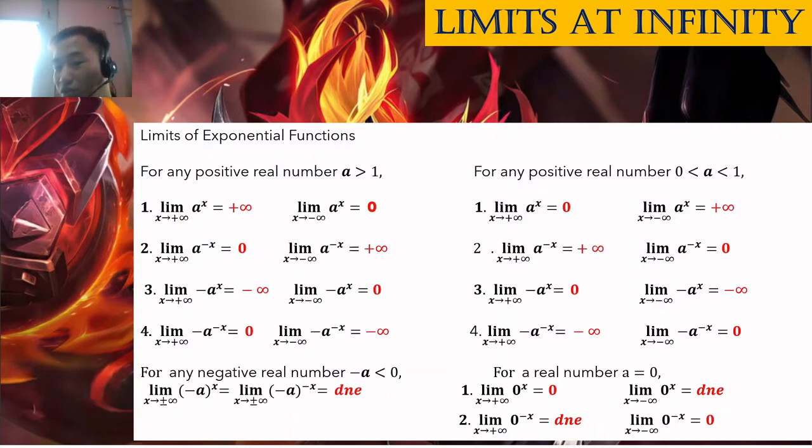Right? So 1/3 becomes smaller, right? It is larger than 1 over 9. So it does not increase, it decreases as x approaches positive infinity. Right, the value decreases, because a here, class, is in between 0 and 1. Okay, so this one, class, the answer is 0 because it approaches the value 0.